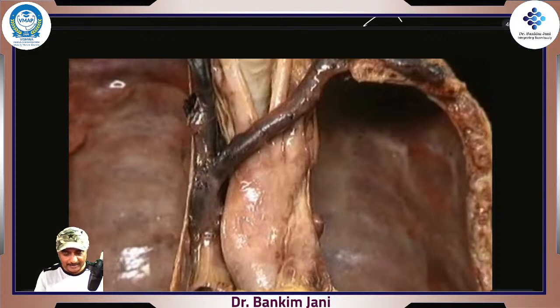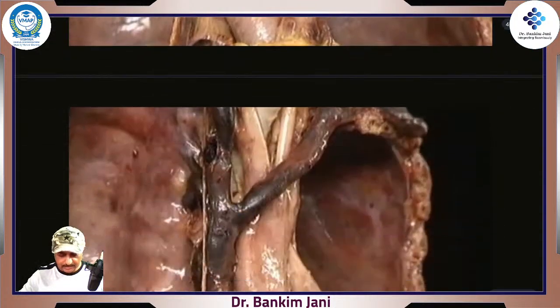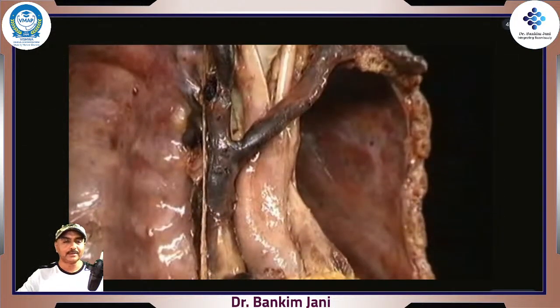See the phrenic nerve going all the way straight, directly down. Let's trace it still further down. See how nicely it is going. As it goes down, this is the superior vena cava, the SVC, and it is going along the superior vena cava.